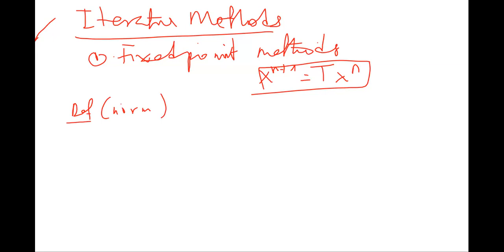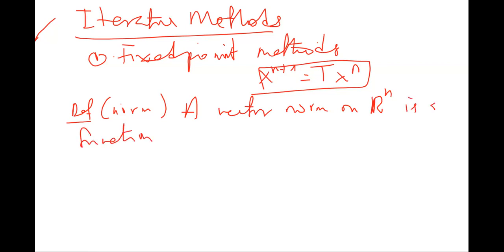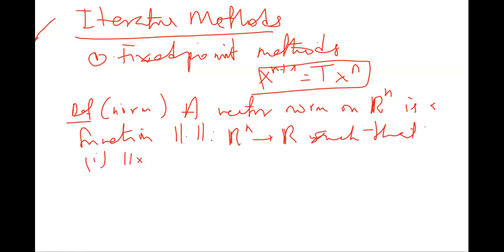If we have a vector norm on Rn, it is a function from Rn to R such that we have four properties.